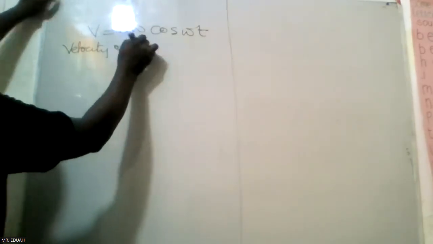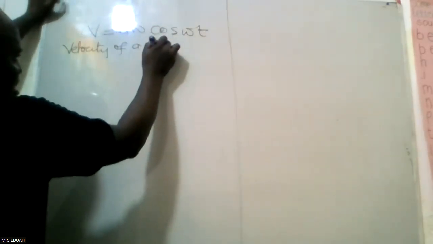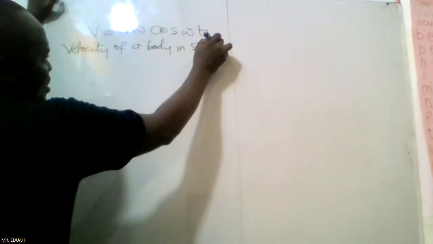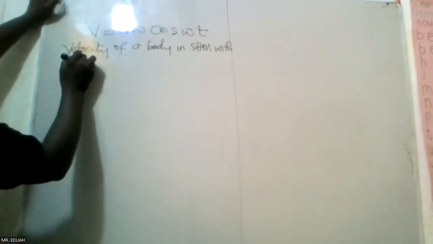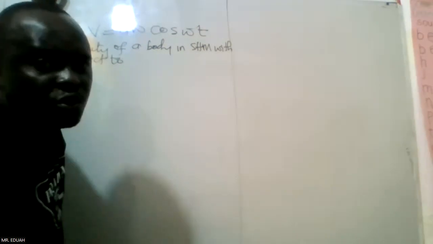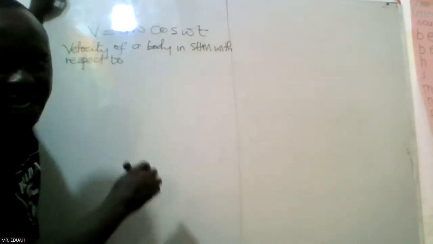This is the velocity of a body doing simple harmonic motion with respect to time. So velocity of a body in SHM with respect to time.